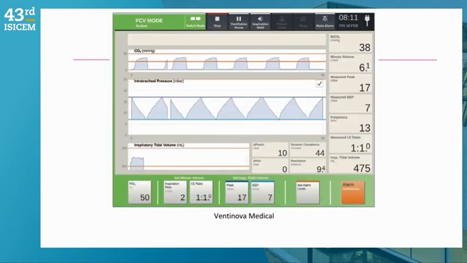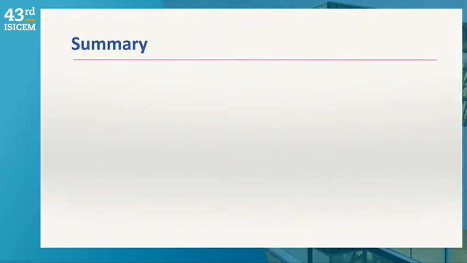This is what the user interface looks like. What you set, in fact, is FiO2, inspiration flow and inspiration to expiration ratio, and also the upper pressure and the lower pressure. These are all the settings that you can apply in this mode of ventilation.